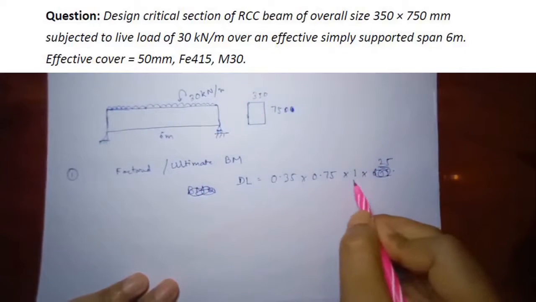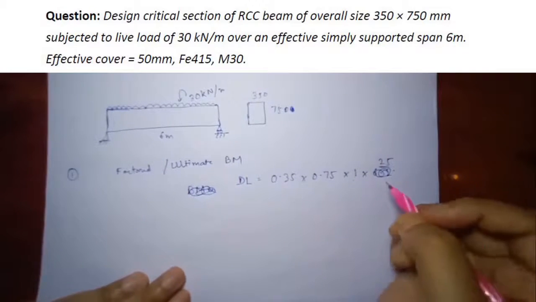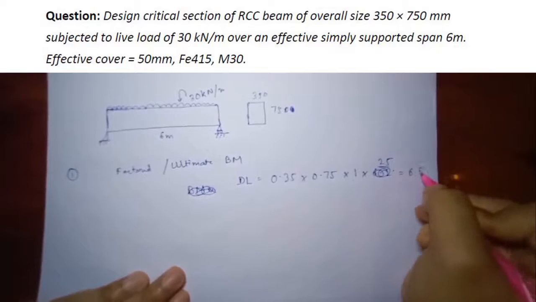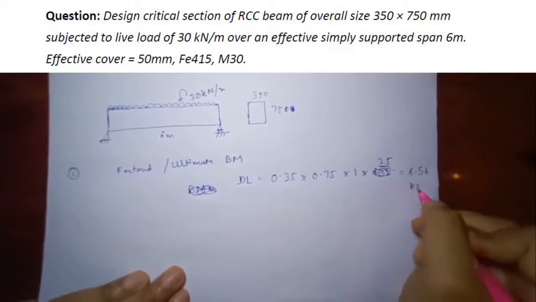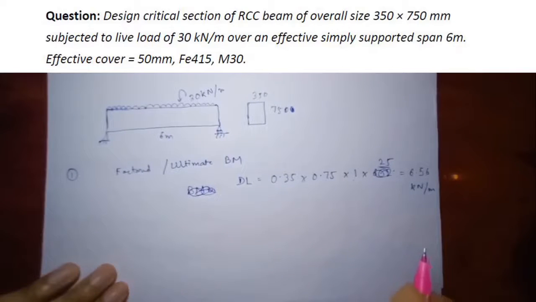I will be taking per meter load, so I am multiplying by 1 only, not by 6 meter. It is equal to 6.56 kilonewton per meter. So this is my DL, that is the dead load.